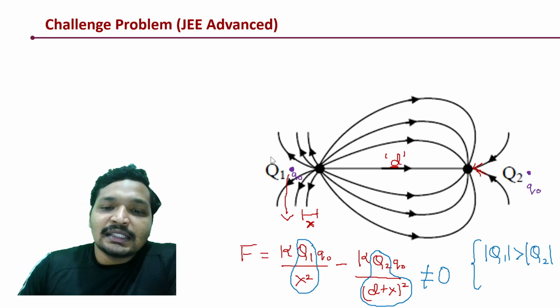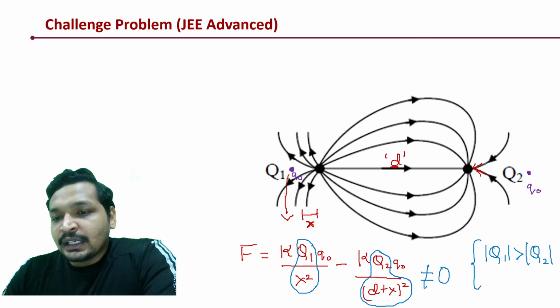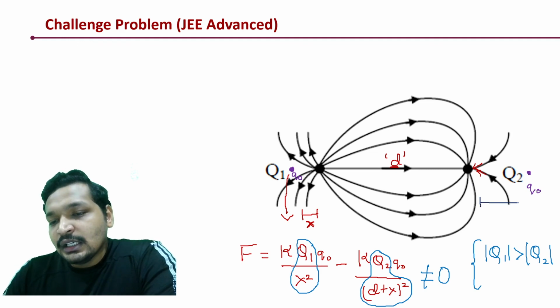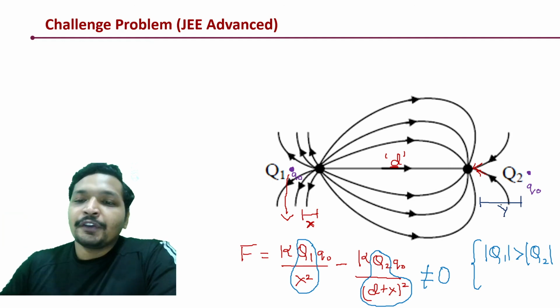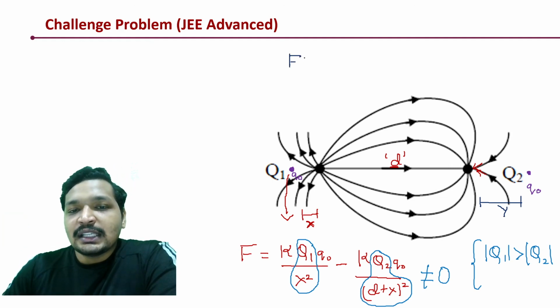Now let's analyze the other case, which is at a distance y. In this case, let's say this test charge is placed at a distance y to the right of q2. Then what is the net force going to be? Let's call this F dash.